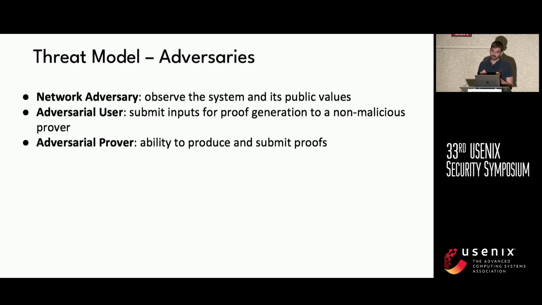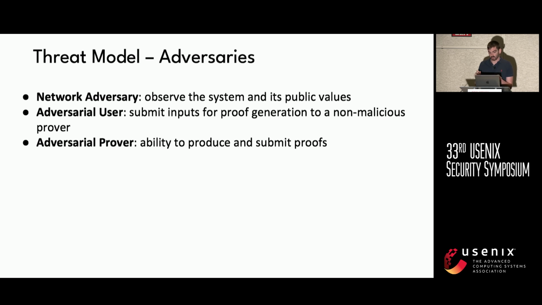So we identified three main adversaries. The first one is a network adversary that can just observe the system, so it cannot interact with the system. The second adversary is an adversarial user that can submit inputs to some provers that will then generate the proofs. And here we can say that we trust that the prover is an honest participant in our protocol.